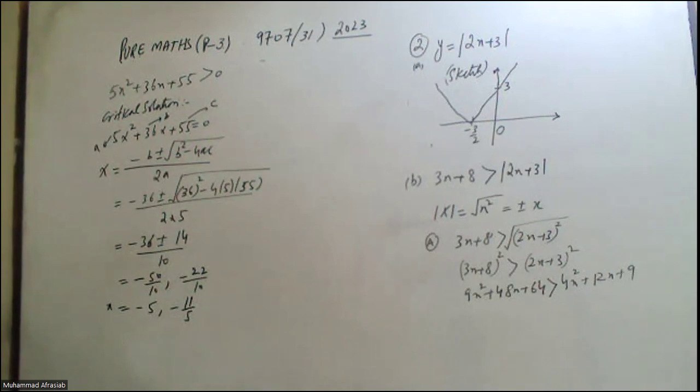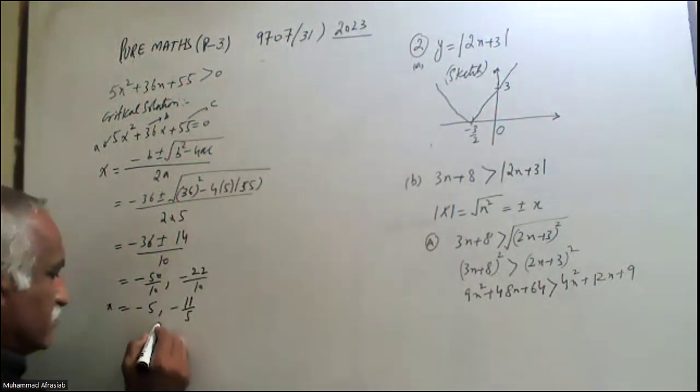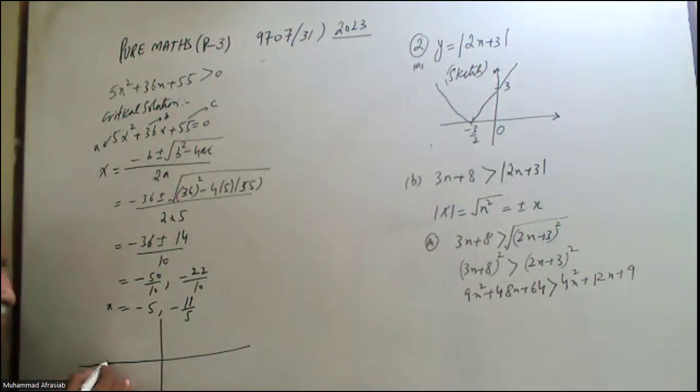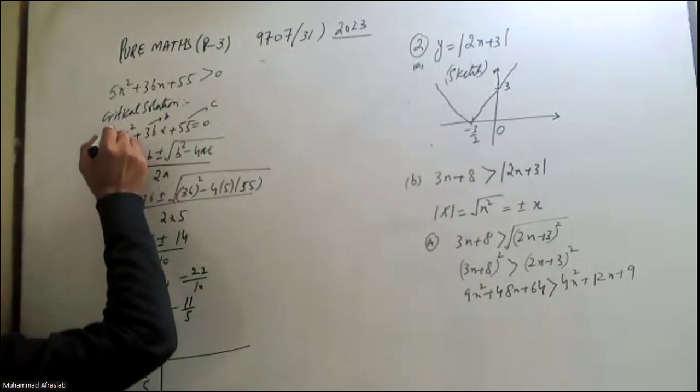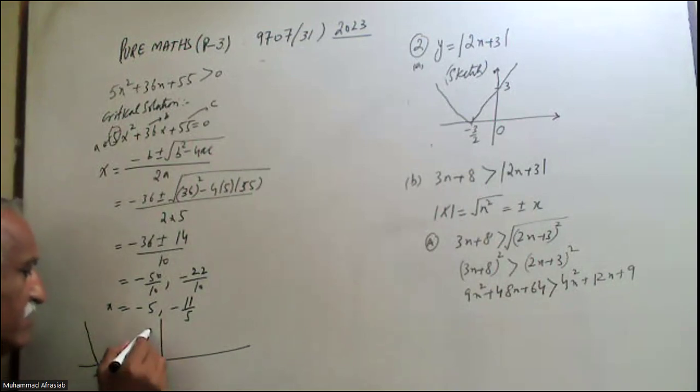Now we are going to draw the graph for this inequality. It is minus 5 and minus 11 over 5. Since the coefficient of x square is positive, the shape of this graph will be a minimum.